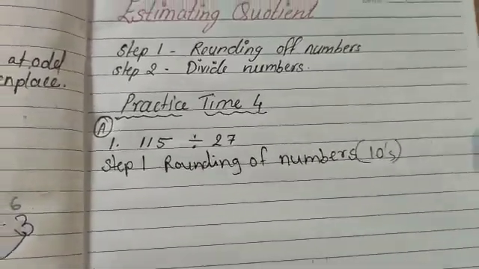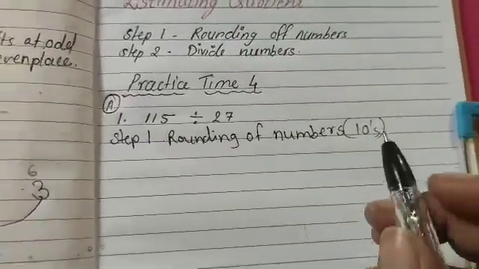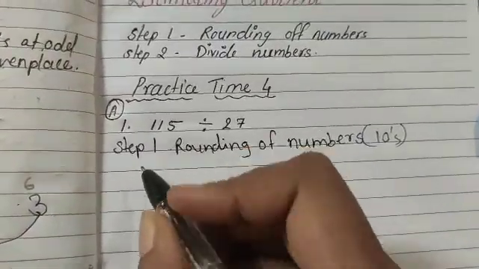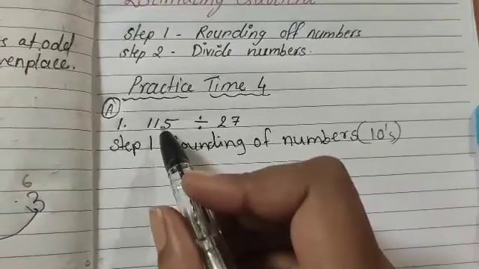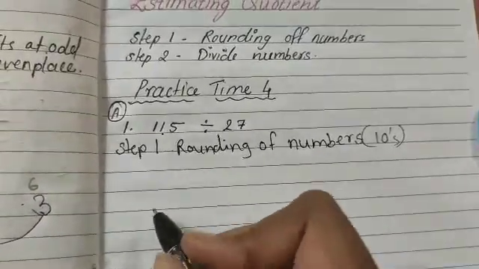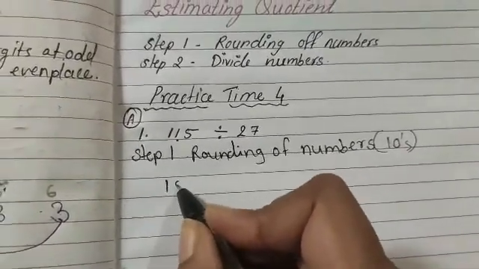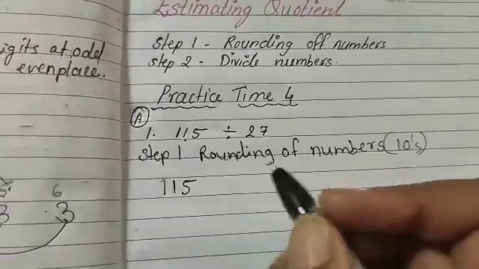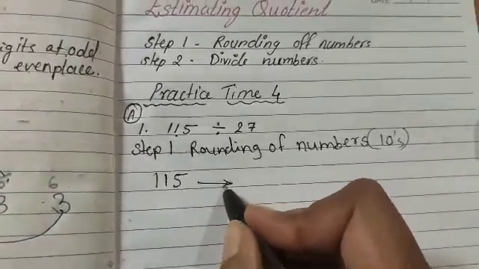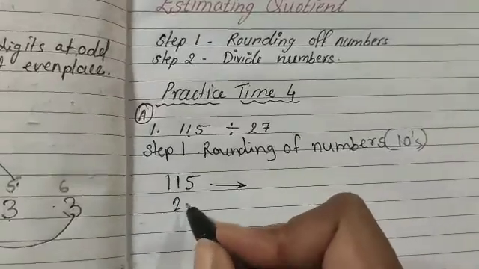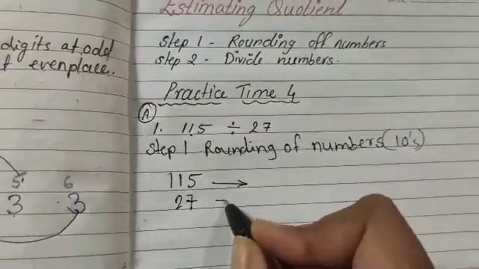They ask to round off numbers to the nearest tens. See student, when we round off numbers, we have to round off both numbers. So 115 we have to round off, then 27 we have to round off.